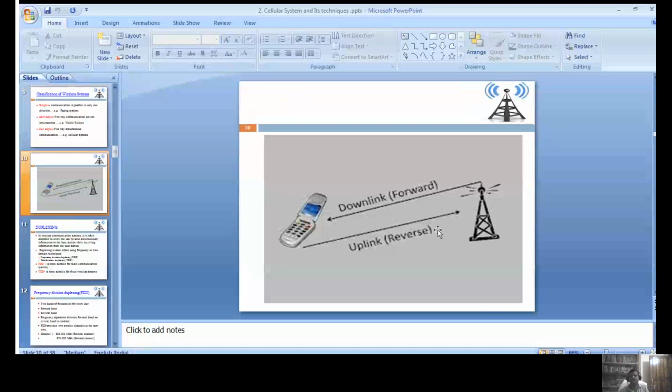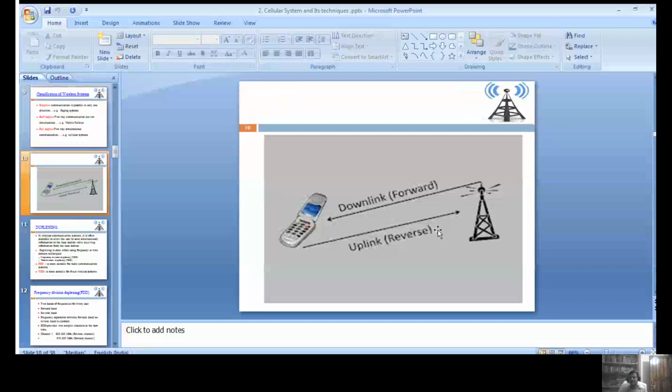Right. The next term which we are using is duplexing. What is meant by duplexing? This is a term which is used for allocating a channel, either frequency division duplexing or time division duplexing. What is the difference between these two, FDD and TDD?